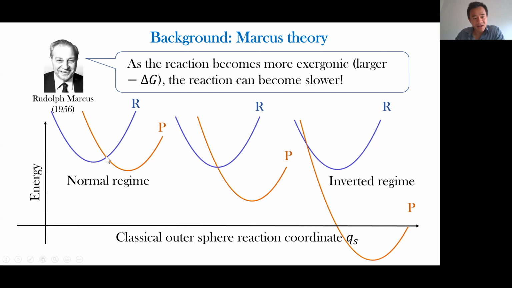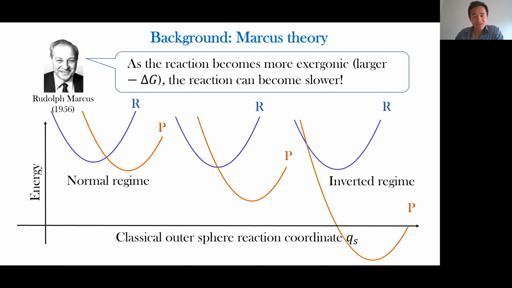So here there's a high energy barrier. Then as you lower the energy of the product, there is no energy barrier. And then as you lower the product even more, there is a high energy barrier again. So what Marcus said was, as you lower and lower the energy of the product, the rate should first go up and then it should go down. And no one believed him.